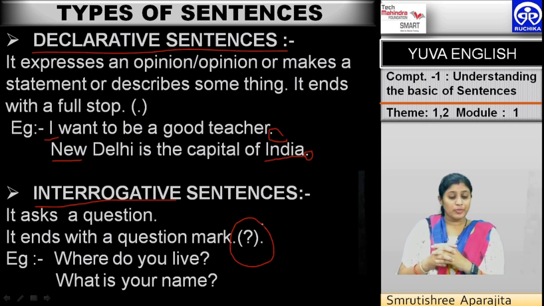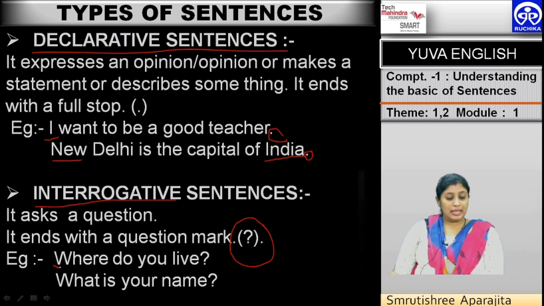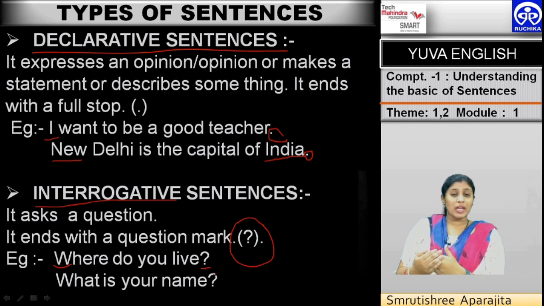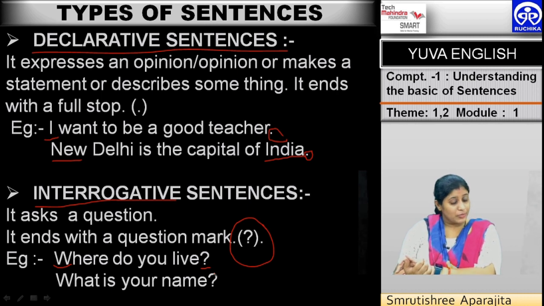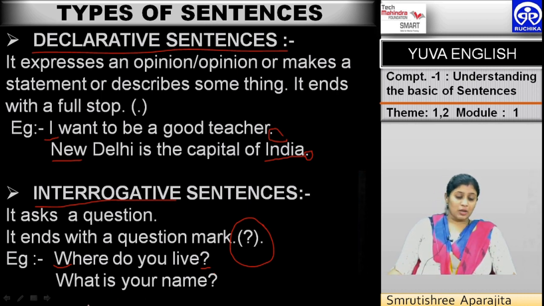For example, where do you live? Now after this, if you see, where is taking a capital W and at the end I have put a question mark. Now I'll be asking someone, where does that person live? Okay, I'll be asking you, where do you live? The next one, what is your name? Now what?